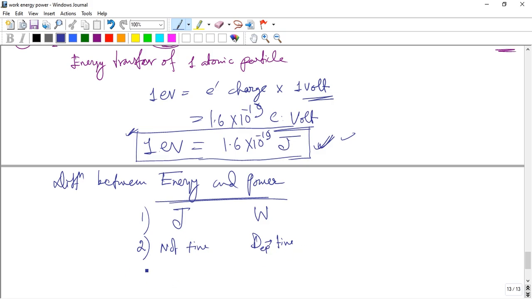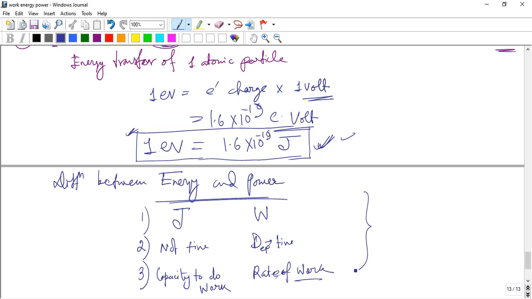Third, energy is the capacity to do work, and power is the rate of work. Those are the three basic differences.